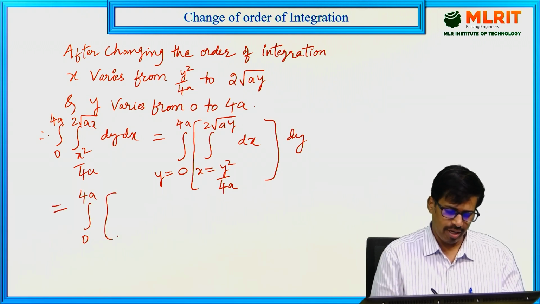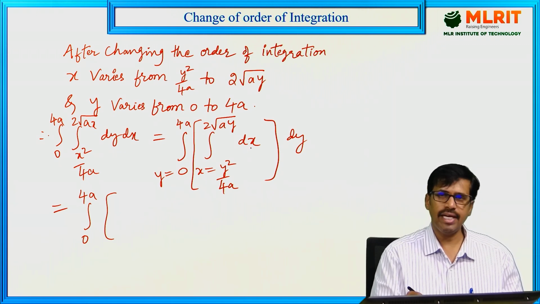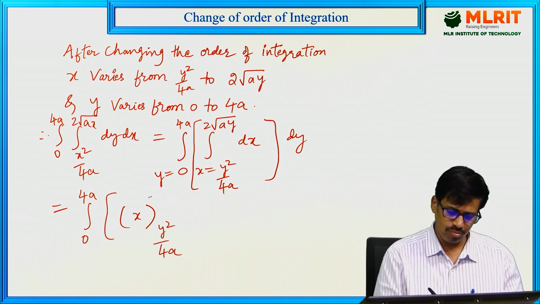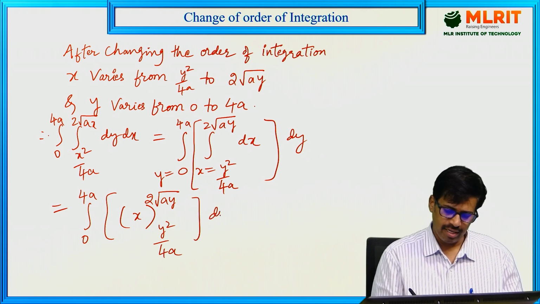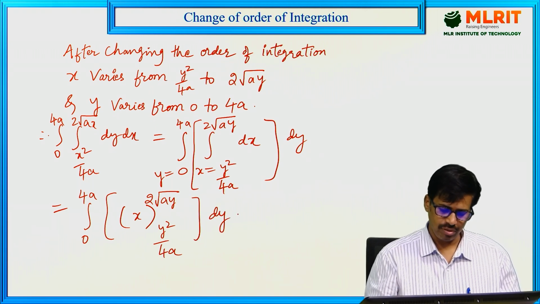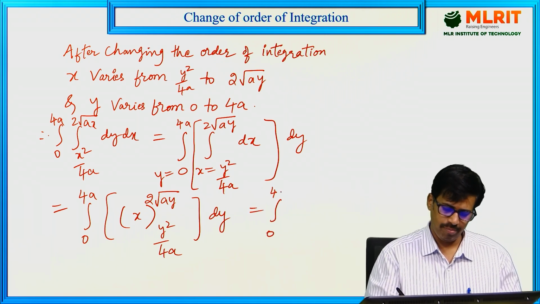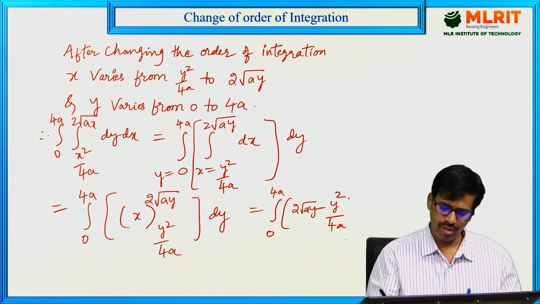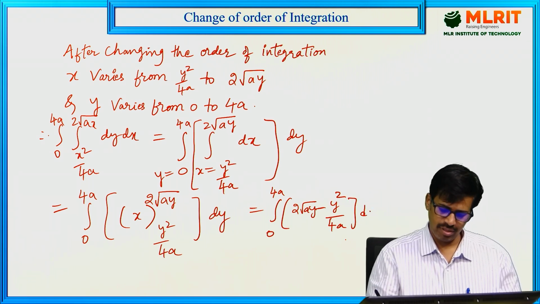0 to 4a. What is integration of dx? x. So limits for x are y square by 4a to 2 root ay. Then dy. So this is equal to integral 0 to 4a, 2 root ay minus y square by 4a, and the limits are dy.